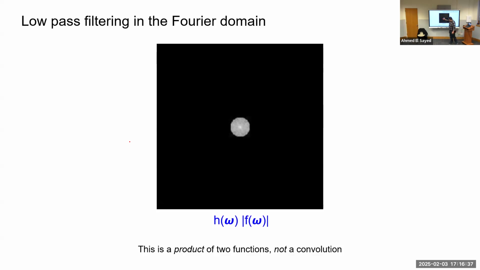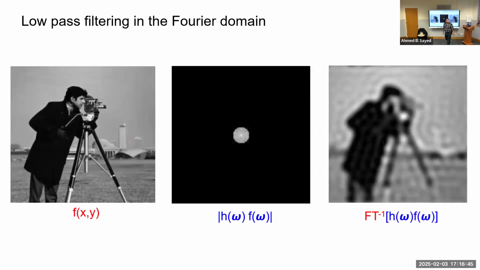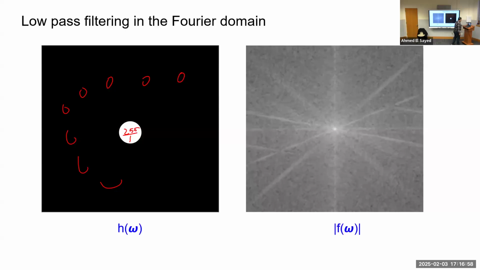Now, what if we return this back to the time domain again, or the spatial domain as we call it? That's what we'll get. See how it looks? Now, what we did is a multiplication process, but in the frequency domain or the Fourier domain.